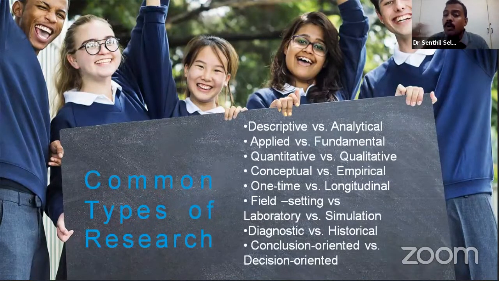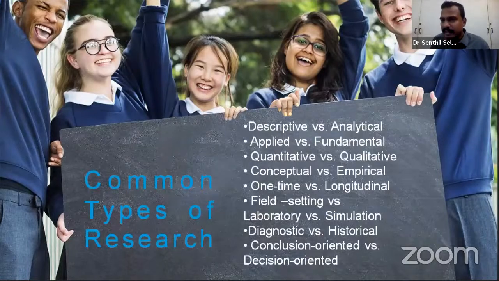He has to reach the client, the respondent, in the society. So a field study or field work has to be done under this. Most of the surveys and censuses are under this field setting research.